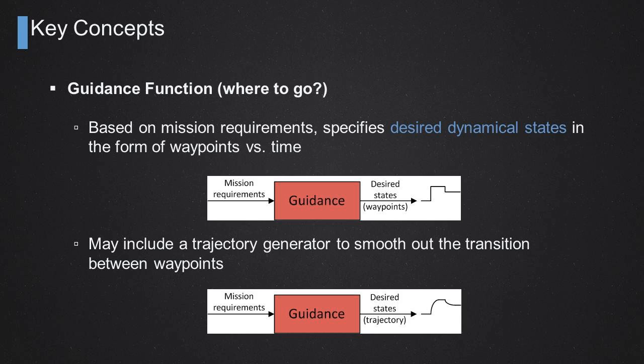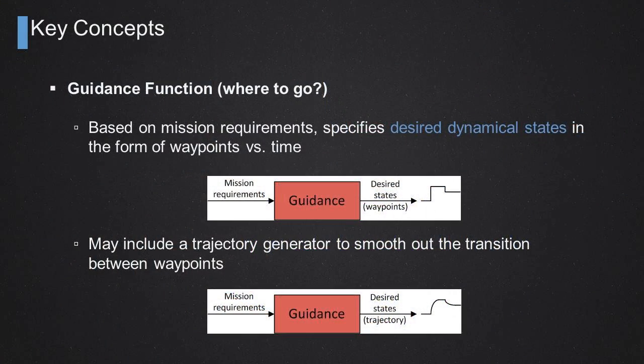Another way to do it is by including what we call a trajectory generator that will smooth out the transition between the different waypoints. The main objective here is that instead of having discrete waypoints as function of time, you end up with a continuous trajectory for the controller to be able to track it in a smooth way.